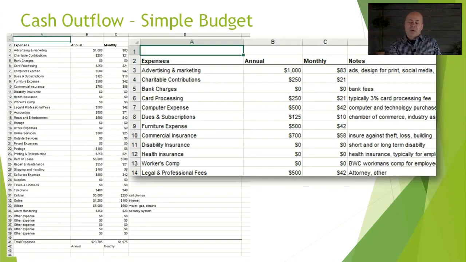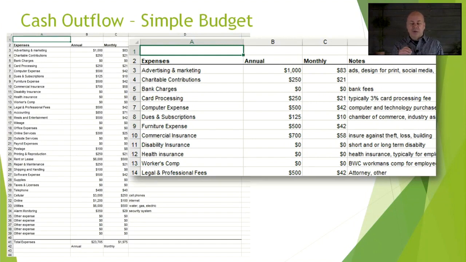First template that we have here is just a very simple monthly budget. So all this is, you can basically plug in all of the different expenses that your business has. This is a little easier to do if you go into your financial software like QuickBooks, and you can dump out everything that you spent money on last year or in the last 12 months. And so you have a decent starting point of how much you're spending money on.